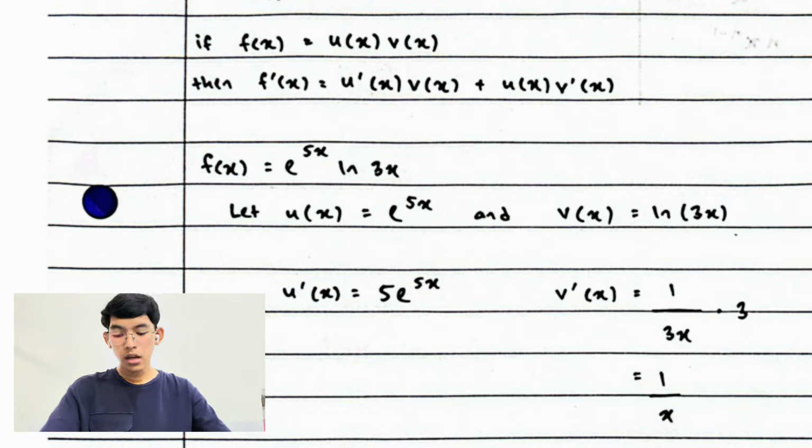Okay, after that we need to find the derivative of u and v. u prime equals 5 e to the power of 5x, and v prime equals 1 over 3x times 3, equals 1 over x.